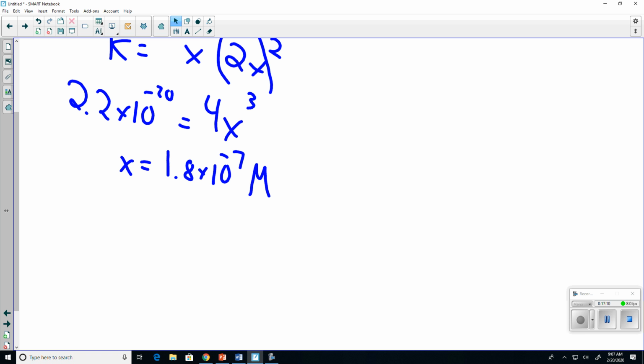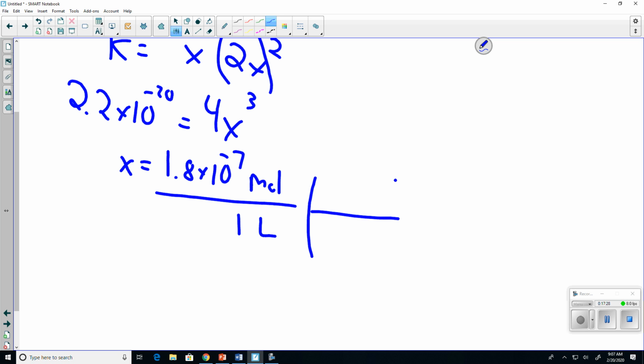If I wanted to get into just solubility, that is where sometimes it's easier visual to realize that this is moles per 1 liter. And now I need to cancel out the moles and get to grams for that copper 2 hydroxide, which there's 97.57 grams in 1 mole of copper 2 hydroxide.